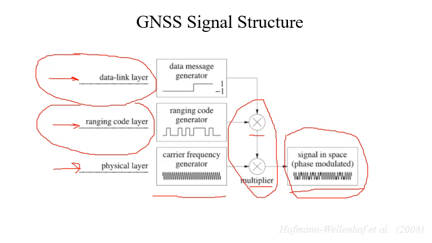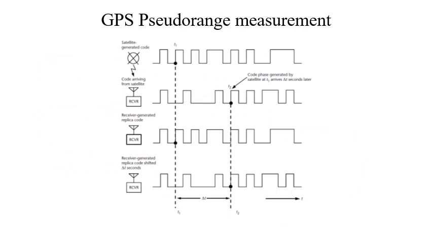Let's now show how code measurements, or the so-called pseudo-range measurements, are carried out on an example. For example, all satellites send specific signals, or code signals, to the Earth's surface, and these signals are specific because they are not mathematically perfect sine or cosine waves.